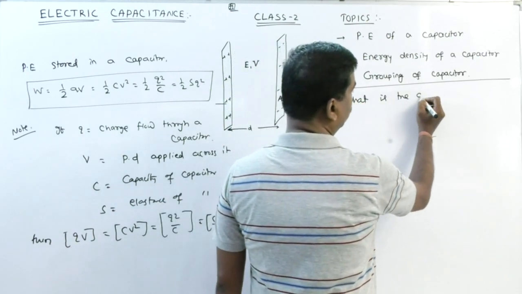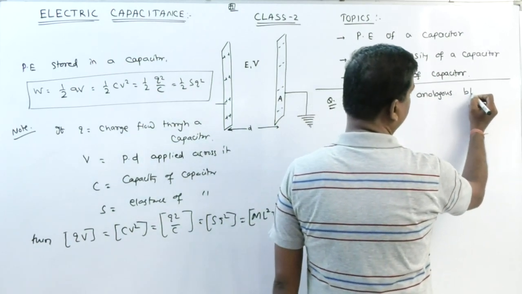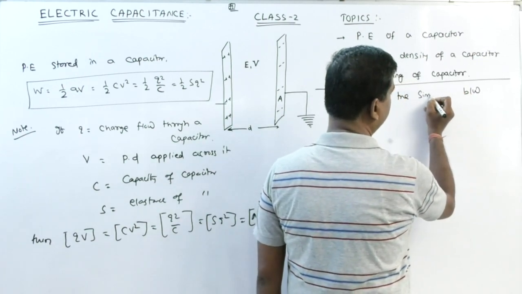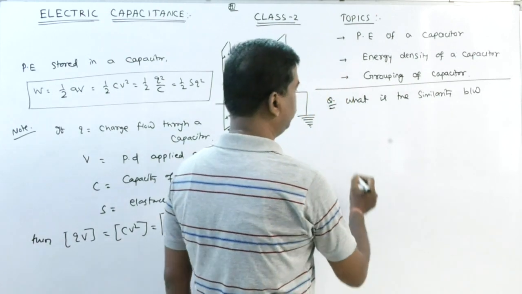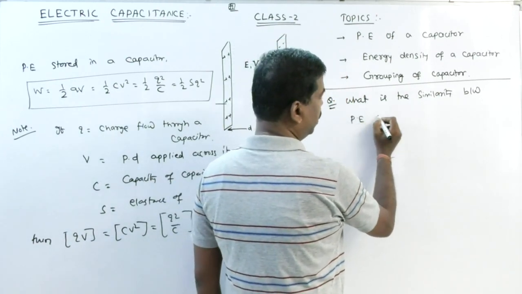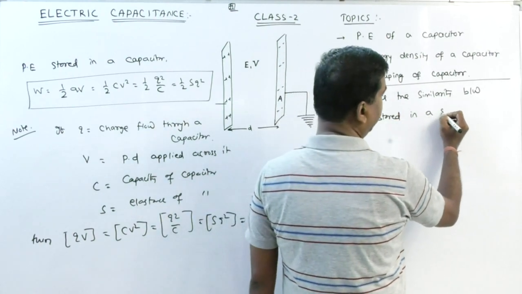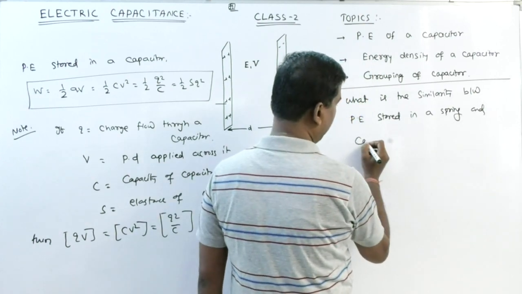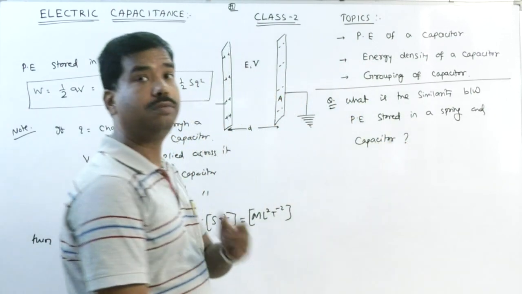What is the analogy, or we can write similarity, between potential energy stored in a spring and a capacitor?